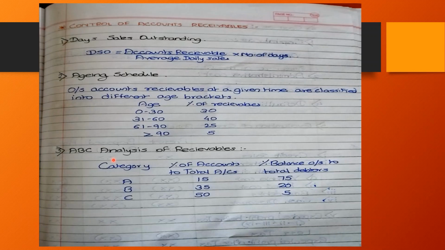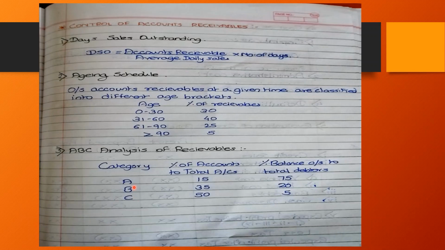Next is ABC analysis of receivables, which maybe we have done many times. ABC analysis is a very easy concept of analysis, which we maybe do in our real life also. For example, we categorize three subjects in three categories.